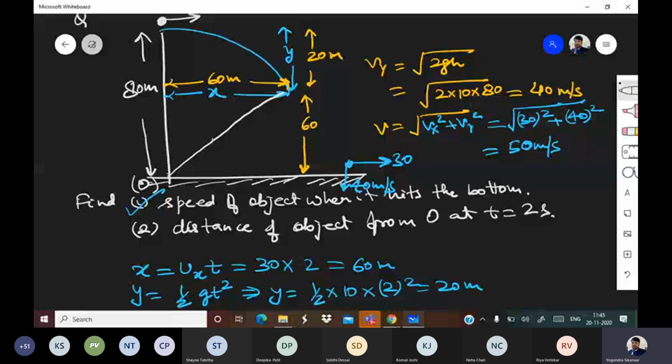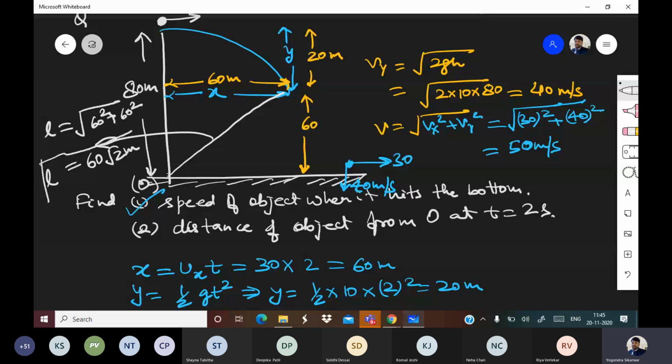Suppose this distance is L. L will be the square root of x square, which is 60 square, plus y square, which is also 60 square. So L will be 60 root 2 meters. That will be the answer.